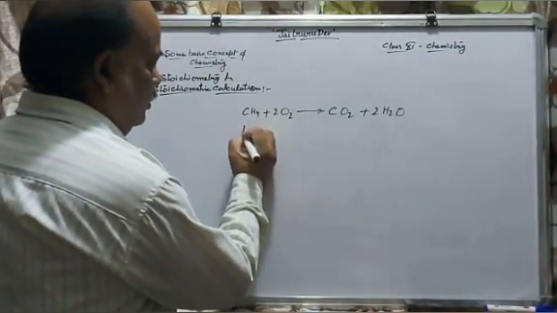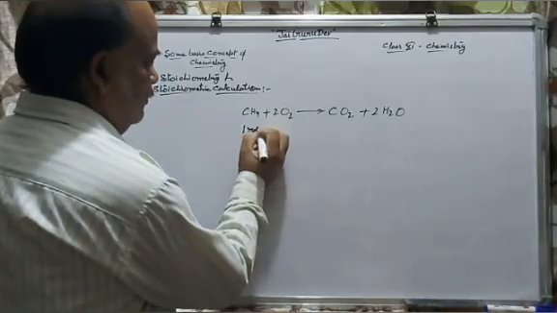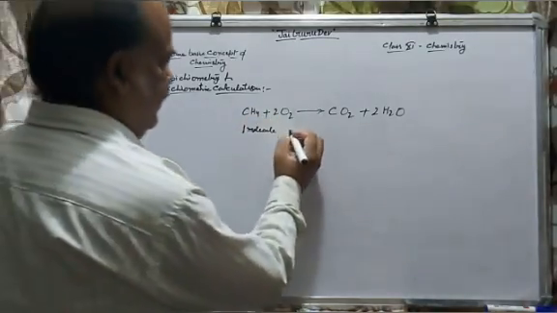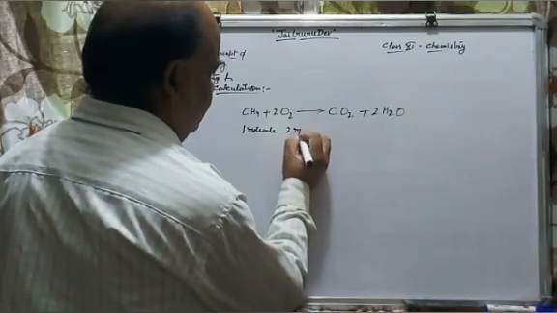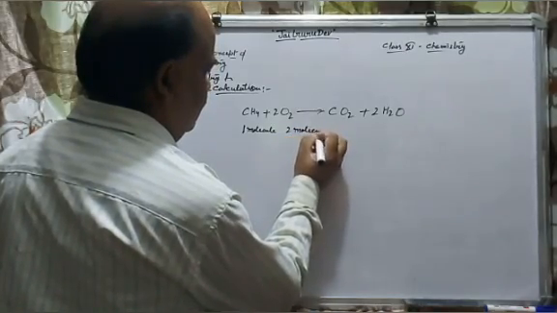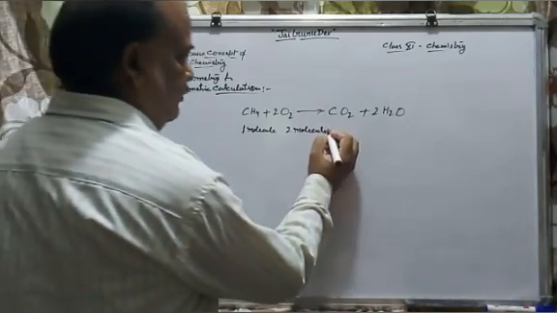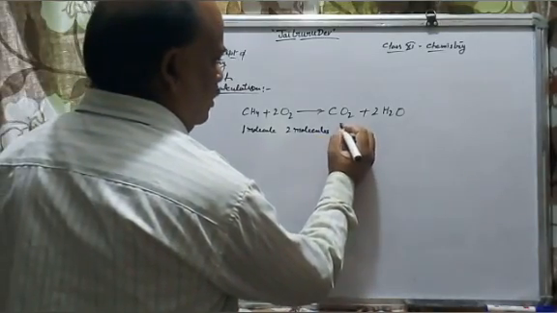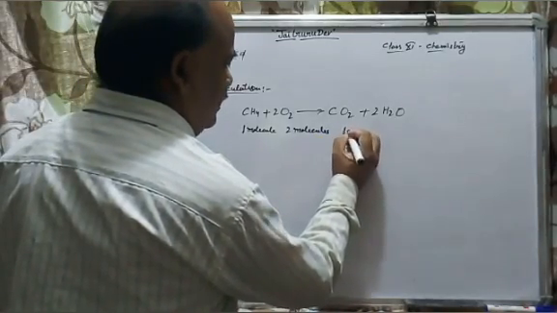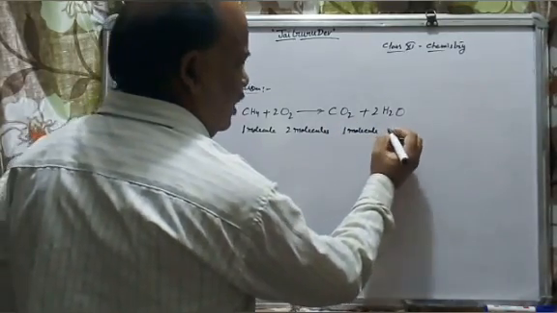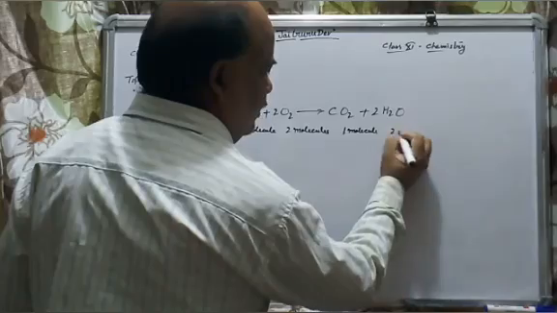One molecule of methane reacts with two molecules of oxygen to produce one molecule of carbon dioxide and two molecules of water vapors.